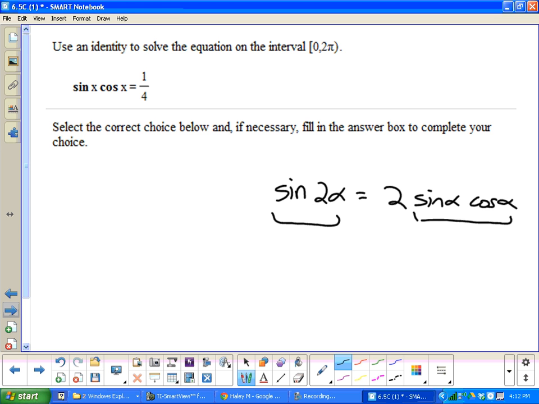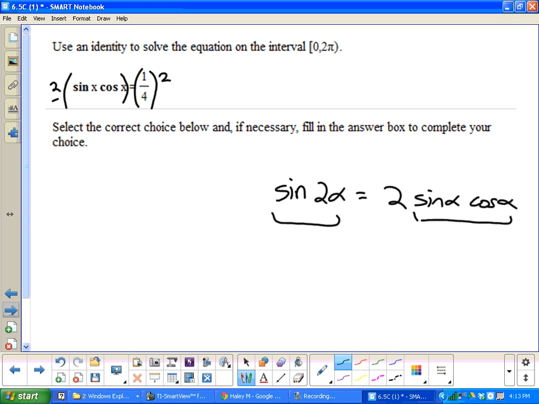Now the problem you're going to spot is, well, we don't have a 2 right there. Well, we can easily make a 2. How could I do that? I could multiply both sides by 2. If I multiply this side by 2, I have to multiply the other side by 2.